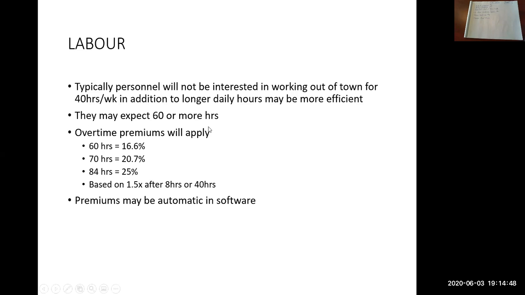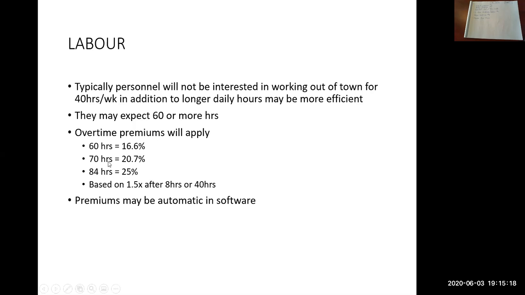How many hours per week you include in your estimate will depend on the agreement with the employees. You as the estimator would be told that by management. You would be told, use a 50-hour work week or use a 60-hour work week. So overtime premiums apply. If it's a 60-hour work week, the hourly premium for labor is 16.6%.